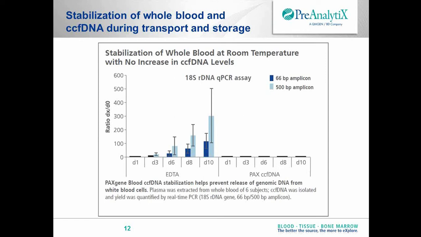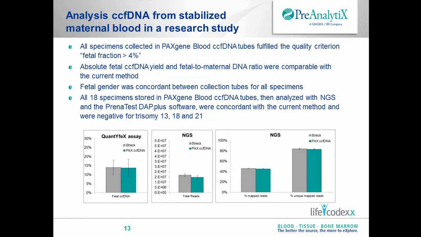So this is a PCR, and of course, many of you probably use the new NGS technologies, and we also tested our tube with this technology together with a partner, LifeCodex here in Germany. It's an NIPT company, and what they have done here in a research study with 18 blood samples from pregnant women collected in parallel in the PAXgene tube and in the STRAC tube.